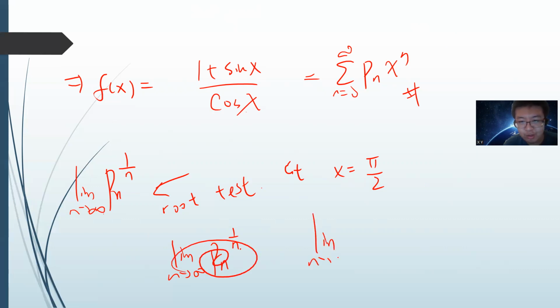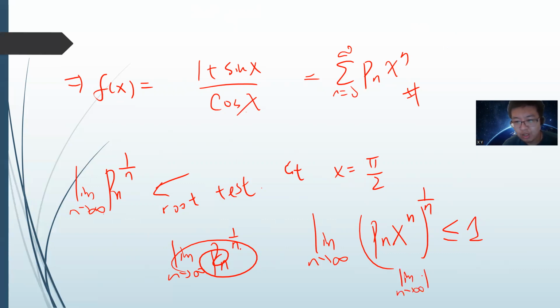So the root test tells you that the radius of convergence is given by |p_n x^n| to the 1 over n, less than or equal to 1. This is the radius of convergence. So you get the limit as n goes to infinity of |p_n x| less than or equal to 1, right? But you know that when x equals pi over 2, you will blow up, but for x less than pi over 2, this will converge.